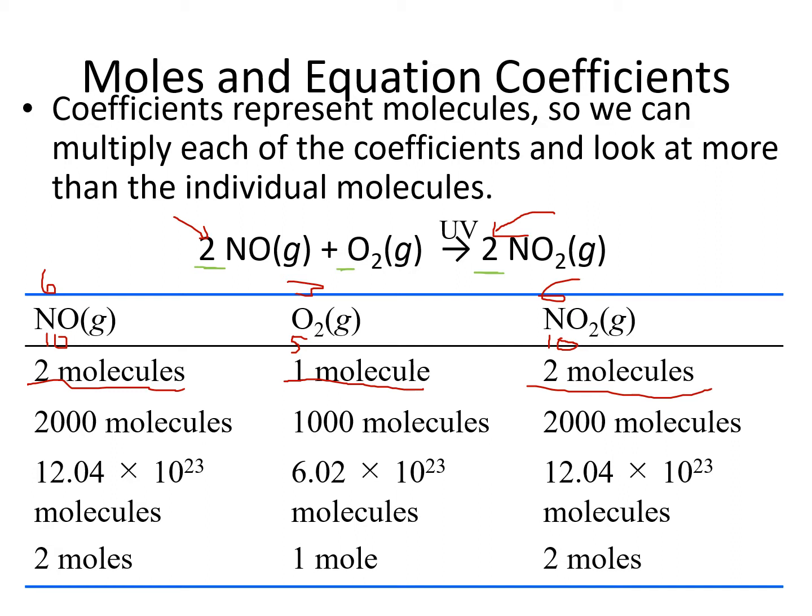So it could be 2 molecules, it could be 2,000 molecules of nitrogen monoxide reacting with 1,000 molecules of oxygen to give 2,000 molecules of nitrogen dioxide. Again, notice here how we're still keeping the 2 to 1 to 2 ratio. And again here, 12.04 times 10 to the 23rd molecules, 6.02 times 10 to the 23rd molecules, and 12.04 times 10 to the 23rd molecules. Again, keeping with that 2, 1, 2 ratio here.